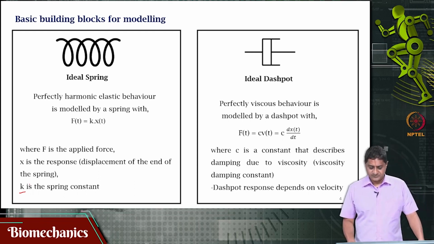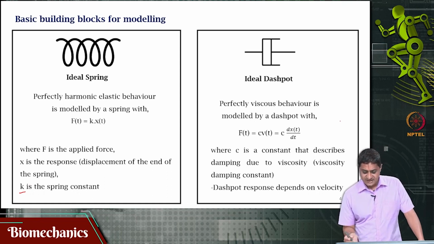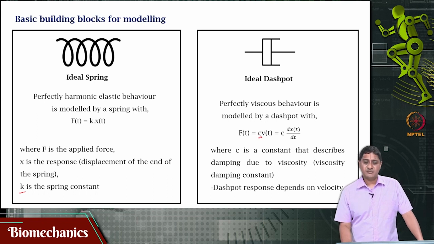F is proportional to velocity, that is F = Cv, where C is the constant of proportionality and v is the velocity. What is v in terms of displacement? That is x dot, or dx/dt.